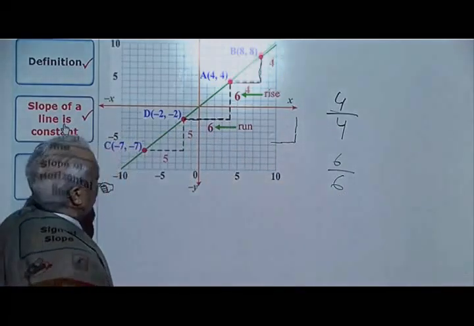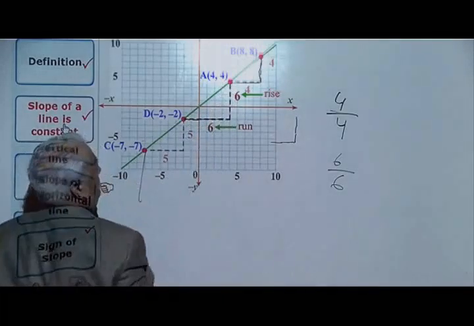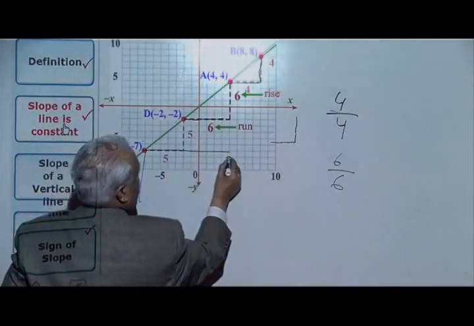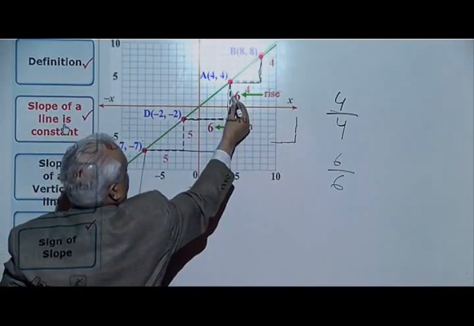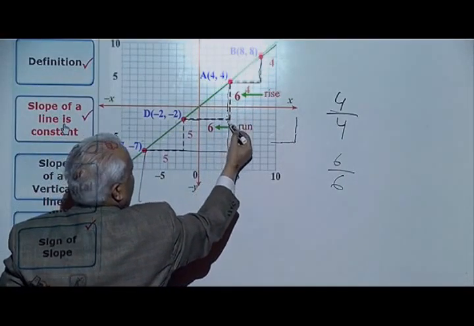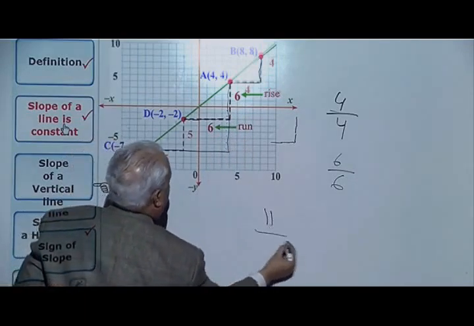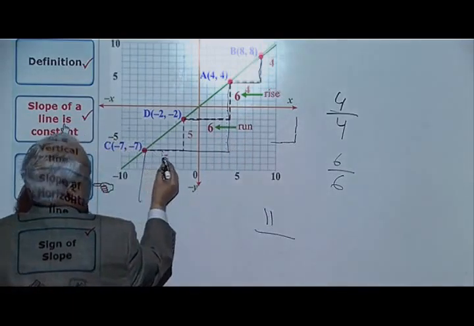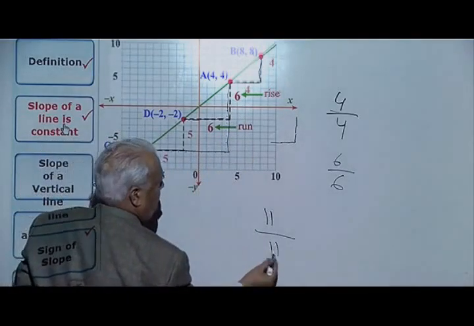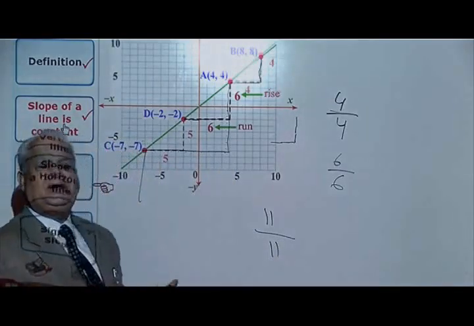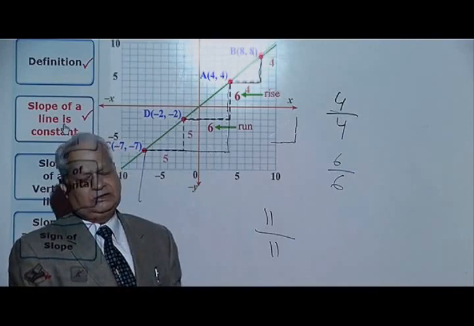Or you take, for example, these 2 points, and measure its rise. You have 11. So it is 11 over run, which is also 11. So no matter which 2 points you choose on the line, the rise over run, or the slope, is constant.